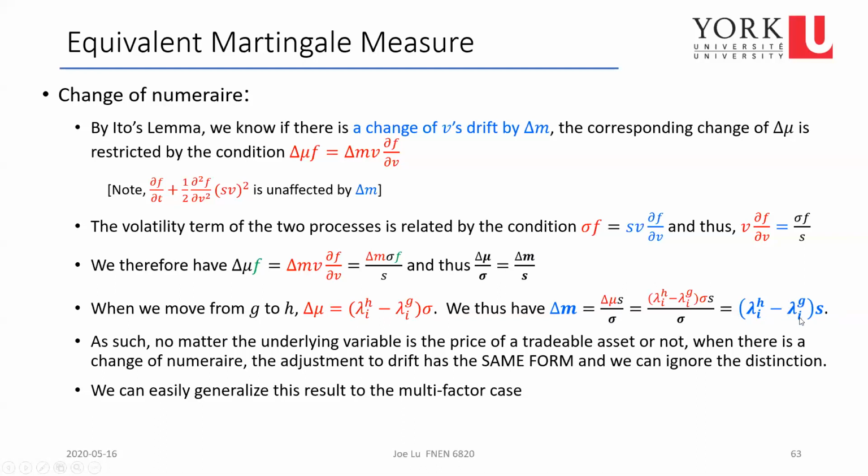So lambda G and lambda H here, the change of risk price, times the volatility of V, which is s here. So they have the same form. So you can ignore the difference that one thing is a price, the other thing is not a price, maybe an interest rate. When they change numeraire, the change in drift will have the same form.